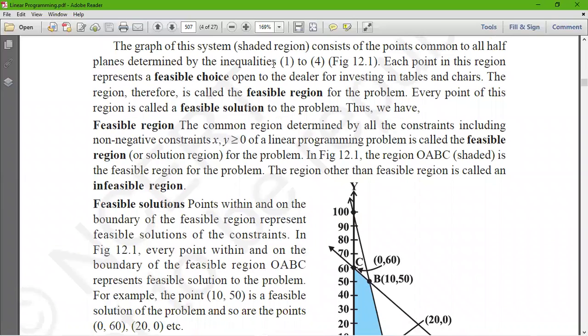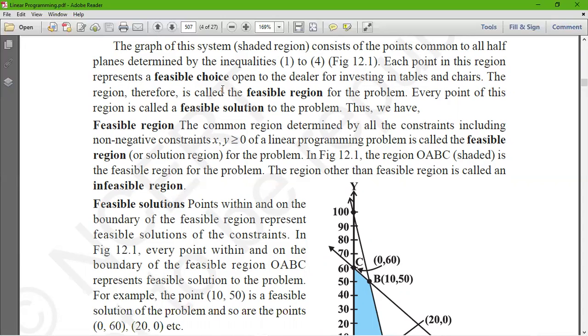The graph of this system, that means the shaded region, consists of the points common to all the half planes determined by the inequalities 1 to 4. Each point in this region represents a feasible choice. The region is therefore called the feasible region for the problem.